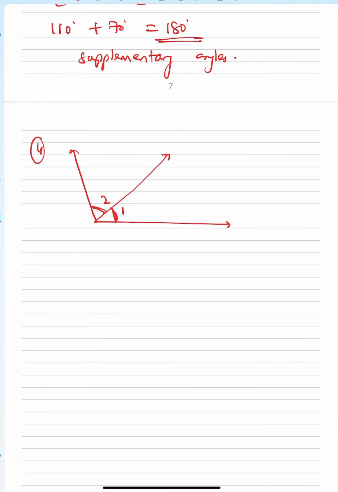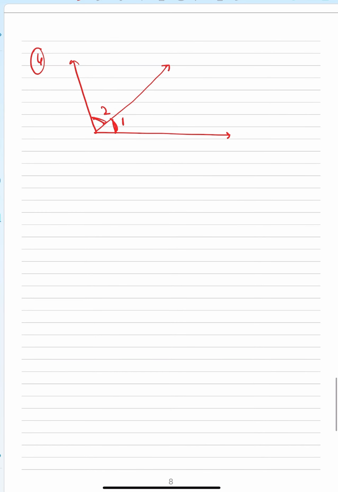Why are 2 and 1 adjacent angles? Because of the same vertex O, the common arm OB between angle 2 and angle 1, and there are two arms on the opposite sides of the common arm. This is the common arm. One side is this and one side is this. These are the two arms on opposite sides of the common arm. Therefore, angle 2 and angle 1 are adjacent angles.